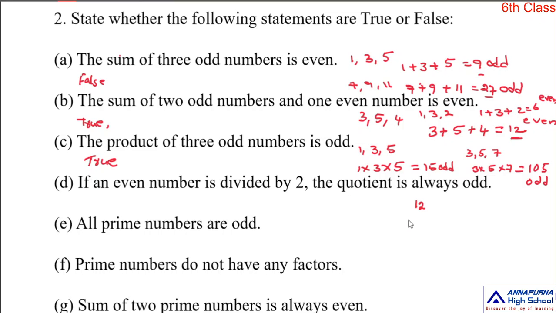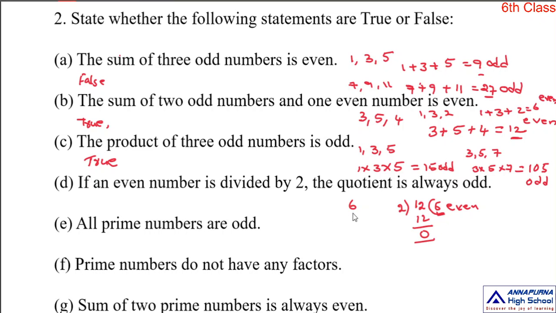When it is divided by 2, what is the quotient? 2 sixes are 12. Remainder is 0. The quotient is even. We check another example.